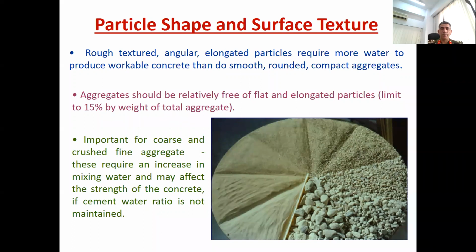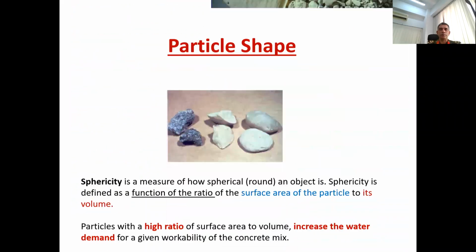This property, particle shape and surface texture, is important for coarse and fine aggregates because they require more water, and ultimately it will affect the strength of the concrete if the cement water ratio is not maintained. You have to maintain the cement water ratio when you make the concrete.